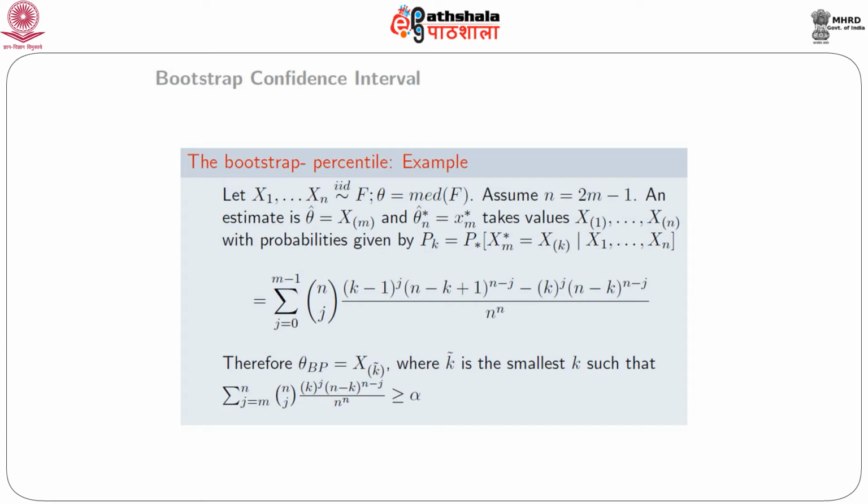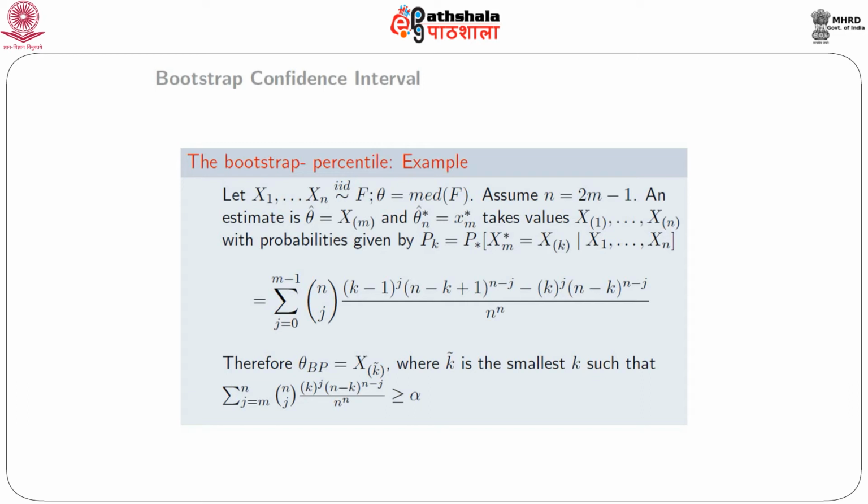X(m) star equals X order statistic k given X1 to Xn, which is the sum for j running from 0 to m minus 1 of mCj (k minus 1) to the power j (n minus k plus 1) to the power (m minus j), minus k to the power j (m minus k) to the power (n minus j), divided by n to the power n.